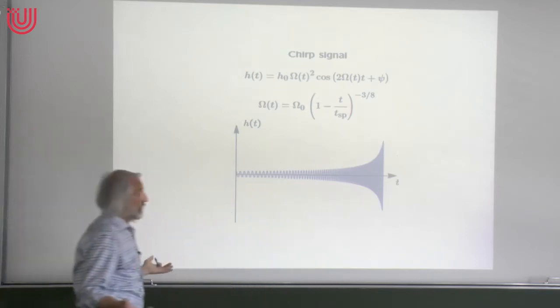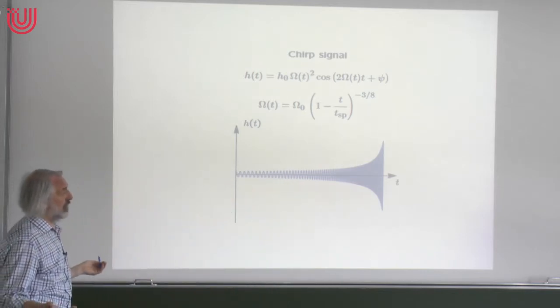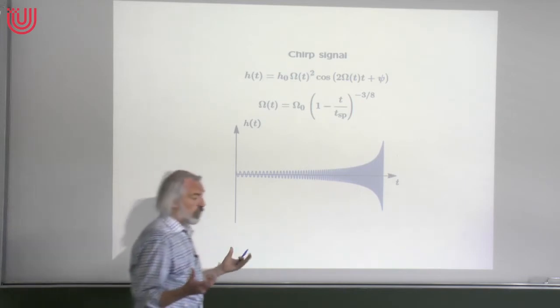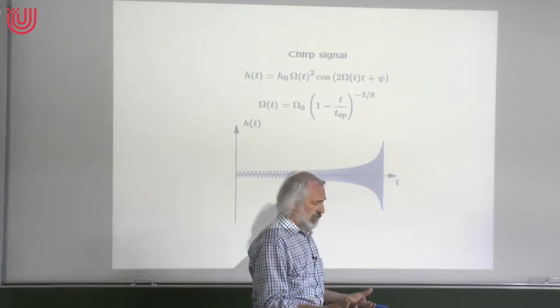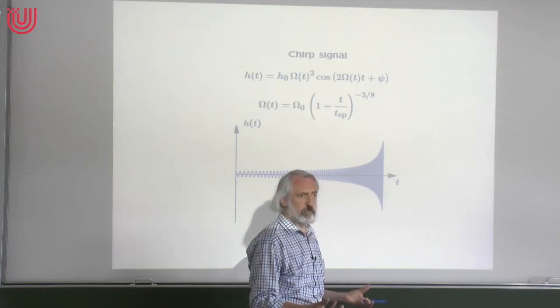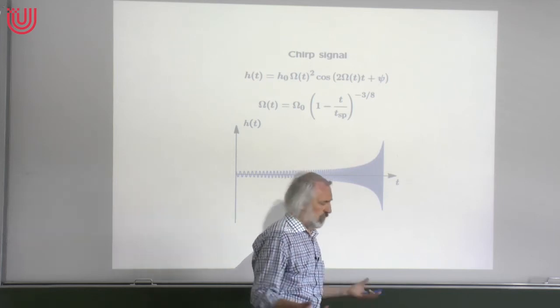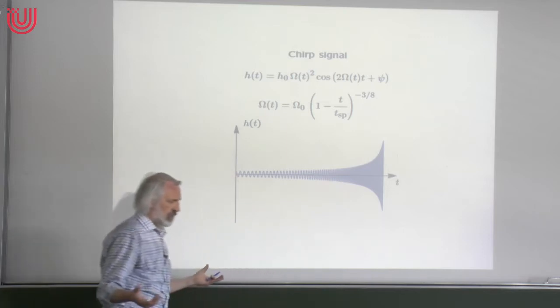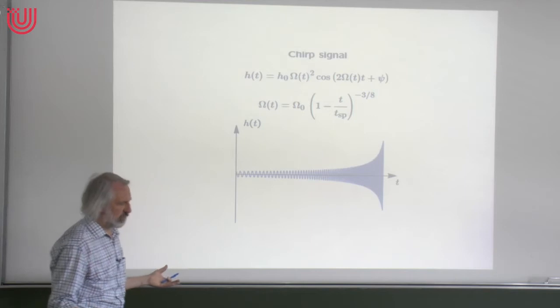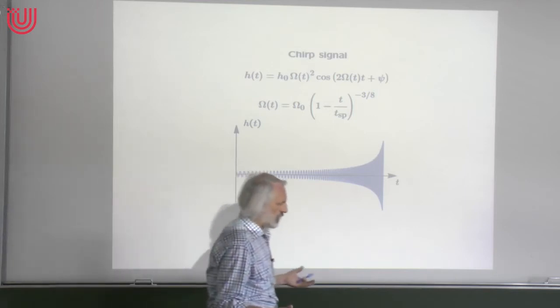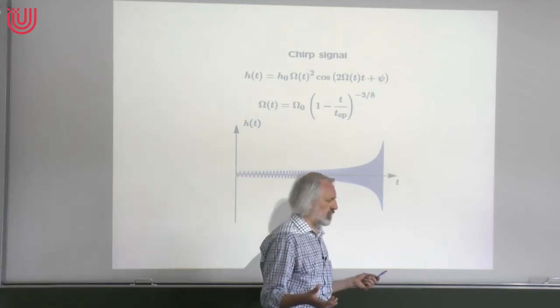Or if it's two stars, we could speculate that, for instance, a white dwarf and a neutron star could form a binary. Then if they come close together, the white dwarf would be considerably deformed. A white dwarf is something the size of the Earth, so it is considerably less compact than a neutron star. So we expect strong deformations at a certain instant of time.